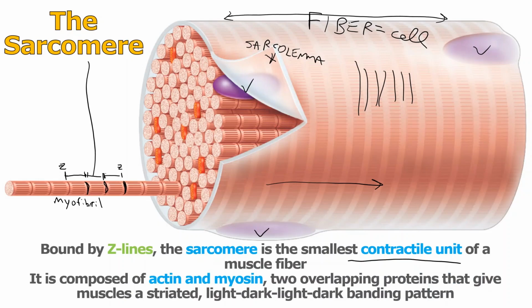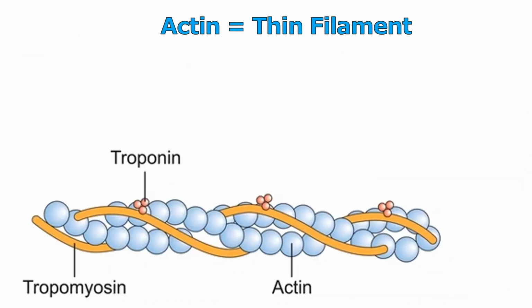Now we will be talking about, it says 2 here, but those are the two main players. Those are the ones you always hear about on exams. Actin and myosin, two big giant proteins involved with muscle contraction. There will be a third one we'll see just briefly, but these are the two overlapping proteins that give this light dark pattern.